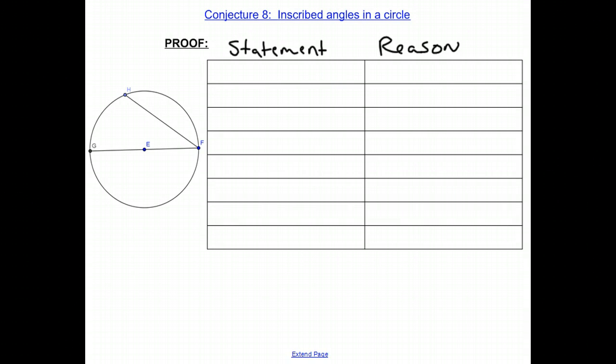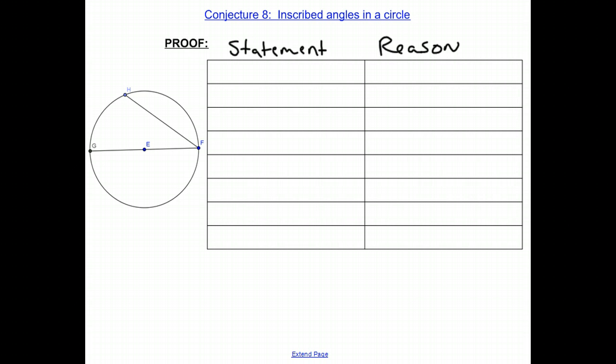So taking a look at the proof of this conjecture, we're going to need to alter this diagram a little bit, add a few things, and for simplicity and brevity's sake, I'm going to label a couple of the angles inside of the circle with numbers so that I won't have to spend the time listing out what the angles are.